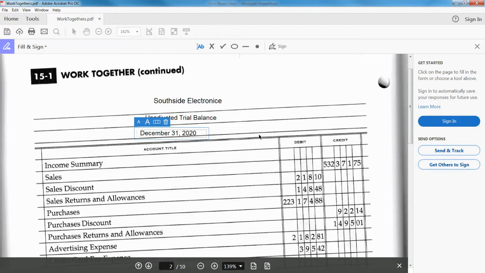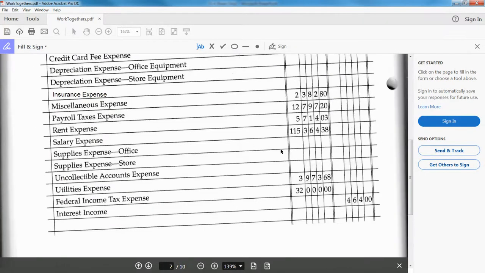And then the last thing we need to do is total and prove and rule the trial balance. So down here, I'm going to write in totals.